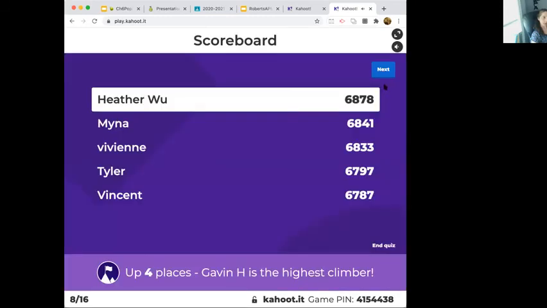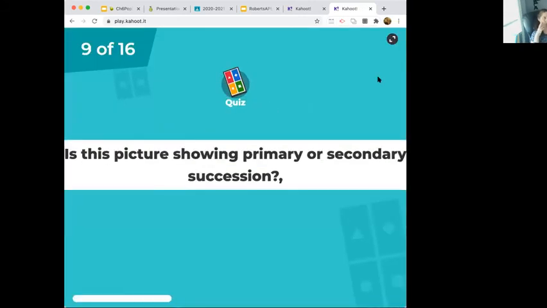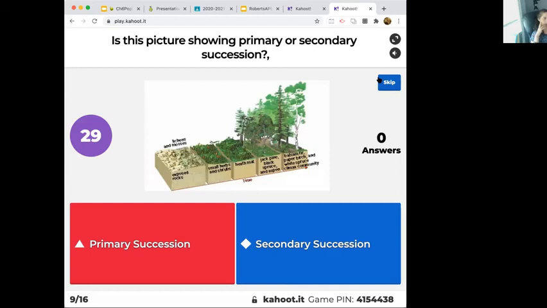Yes, anytime we have a natural disaster and soil was already pre-existing there, it's going to be secondary. Right, primary, secondary in the picture. The picture says exposed rocks, which means the same thing as bare rocks.